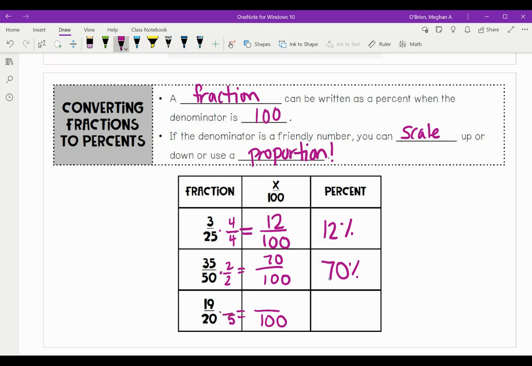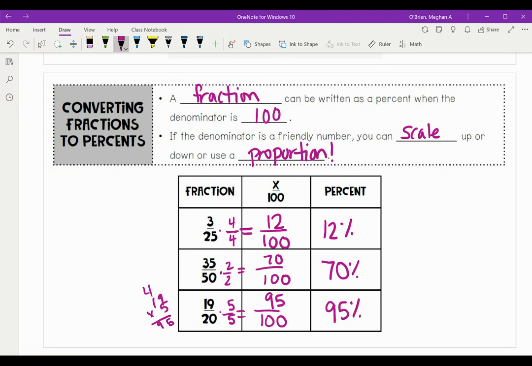So if I take 19 20ths and multiply it by 5/5, I will get what percent that is. So I know 20 times 5 is 100, and I'm going to subtract a group of 5, and I get 95. So 95 100ths, you of course can go over here and kind of do the work. I was just thinking through that in my head. So that would be 95%.